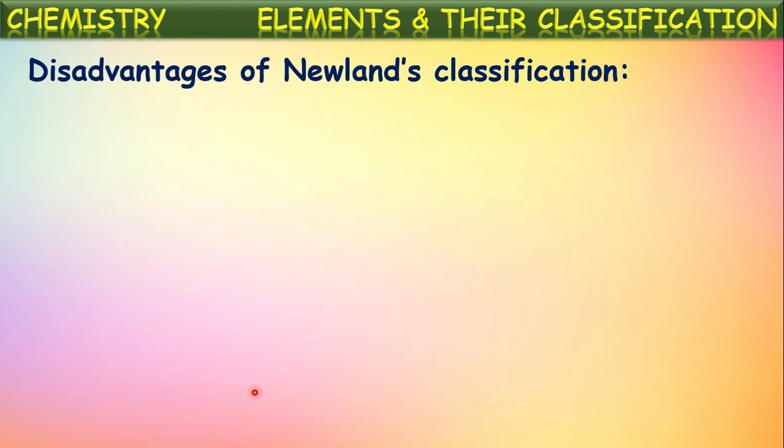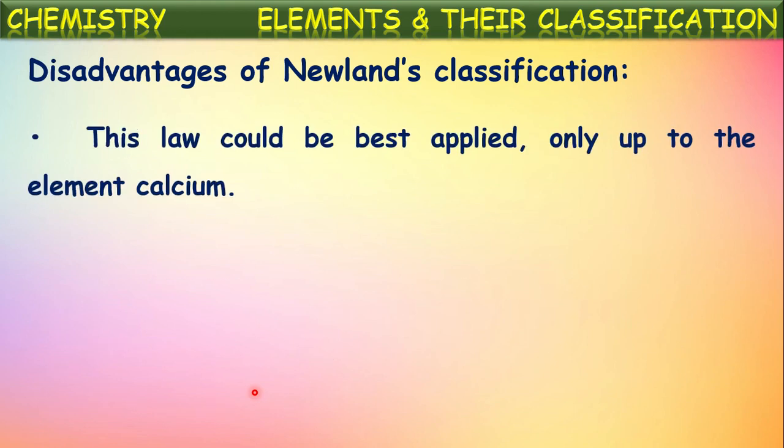But it was also discarded because of certain disadvantages or drawbacks. Let us see what those drawbacks are in the Newlands classification. The major one is this law could be best applied only up to element calcium, even though many elements were known by that time.